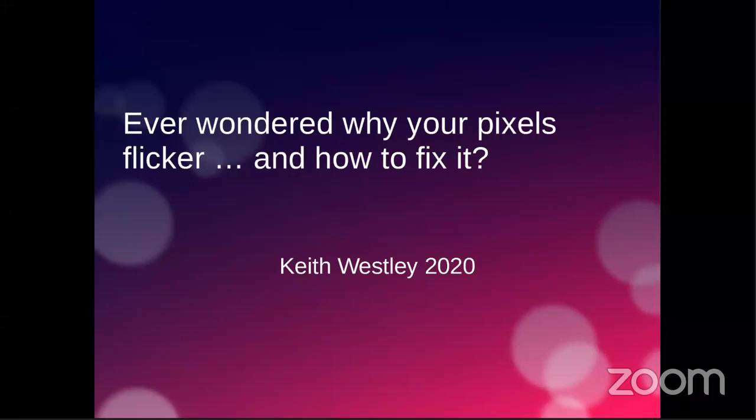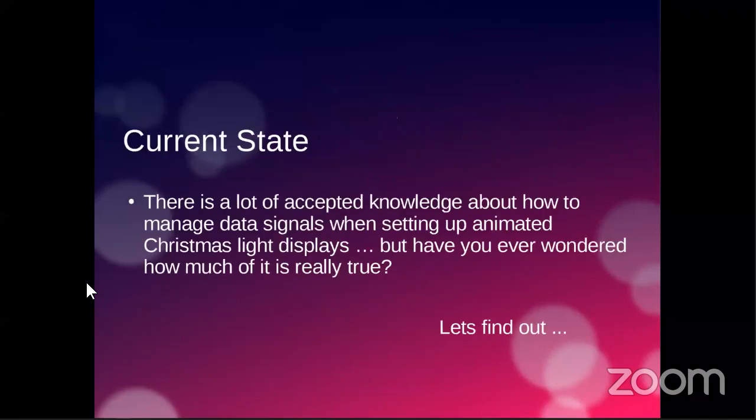So let's get into it. I'm going to spend some time basically going through and helping you understand why your lights flicker and why it may not be the reason that you think that they flicker, and hopefully give you some ideas as to how you might fix it. I can't promise it'll help in every situation, but I think it'll help in more than you'd think. There's a lot of accepted knowledge out there.